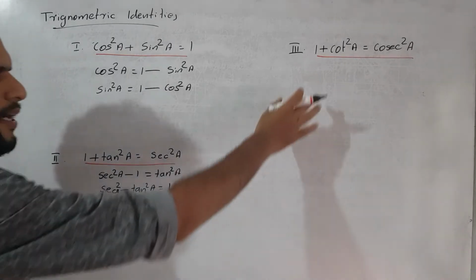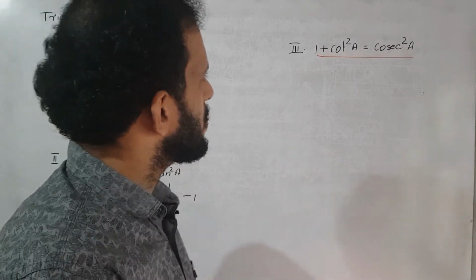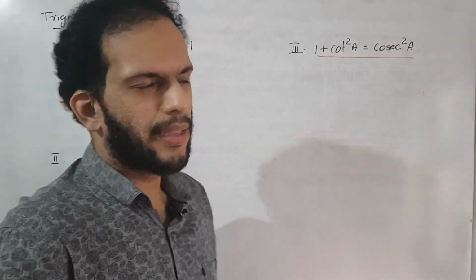From the third one, 1 plus cot square A is equal to cosec square A, what do we get?